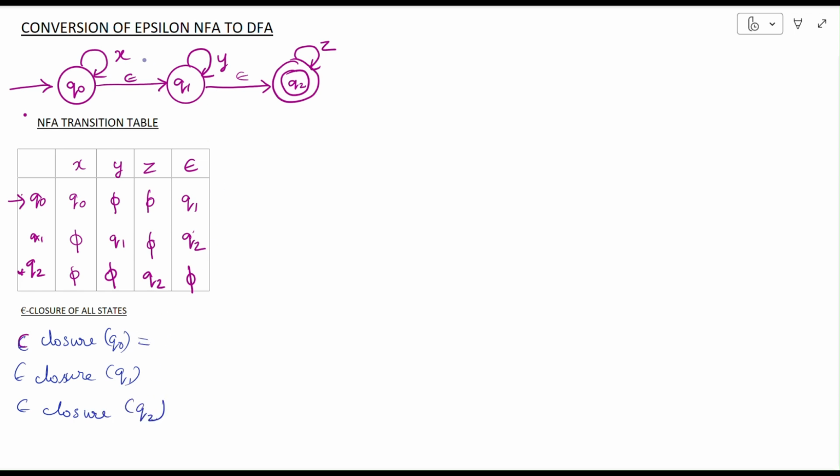Epsilon closure of Q0: on epsilon it moves to Q1, and again on epsilon it moves to Q2. Epsilon closure is the state itself and all the states reachable on epsilon transitions. For Q1 it is the state itself, and since Q1 to Q2 has an epsilon transition, it is Q1, Q2. And epsilon closure of Q2 is Q2 itself. Even if there is no transition, the state itself will be included.